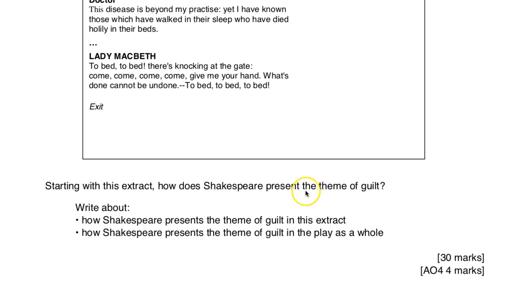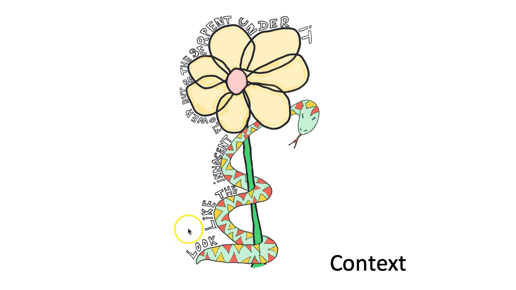Okay, what if the question is about the theme of guilt? Well, I come back to the quotation, and Lady Macbeth has killed herself because of the great guilt she feels, and we could argue that that guilt begins here, when she advises her husband to be duplicitous and look innocent but become the murderous serpent and kill Duncan.